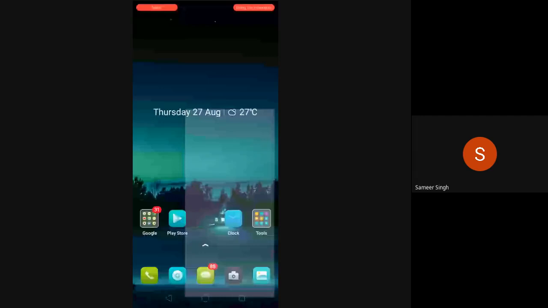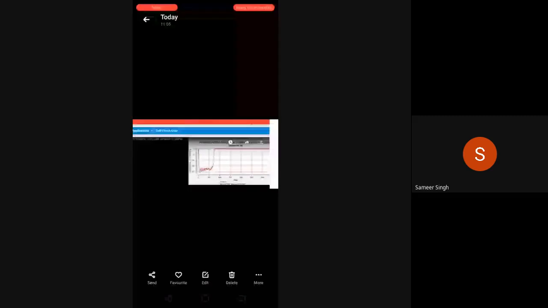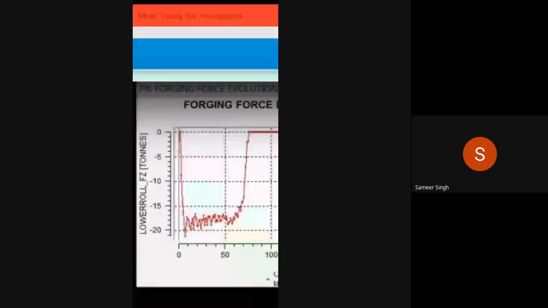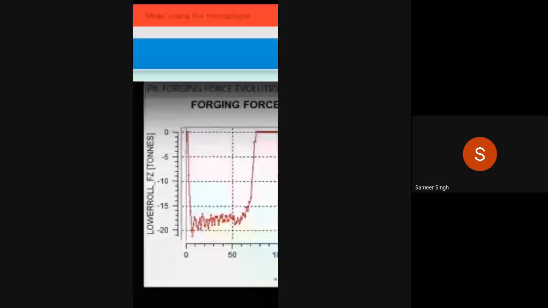So here is the graph. From this experiment you have got this graph, and from this graph you can calculate the force. For the lower roller the pressure is -20.